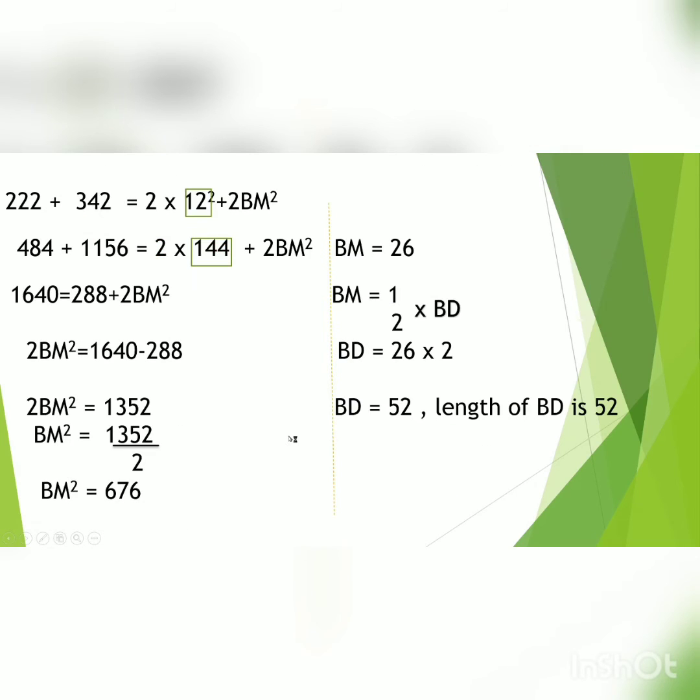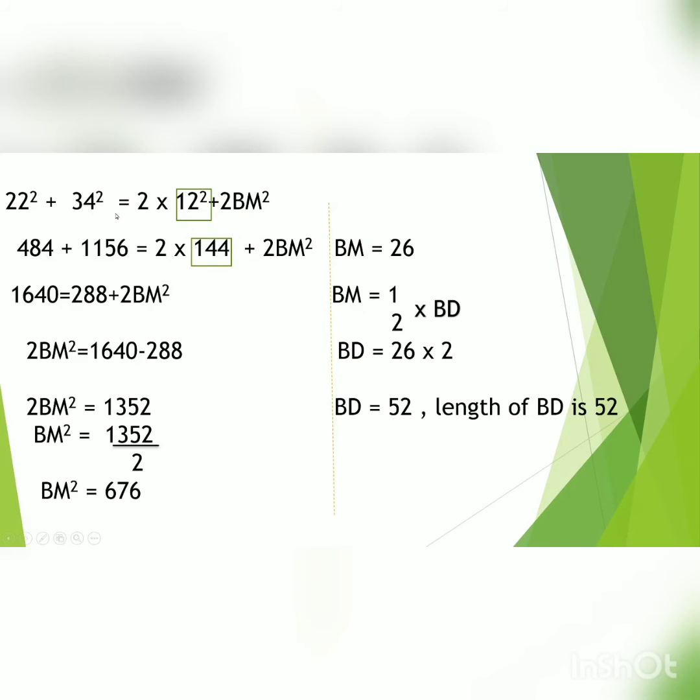Taking square of each value, 22 square plus 34 square is equal to 2 into 12 square plus 2BM square.